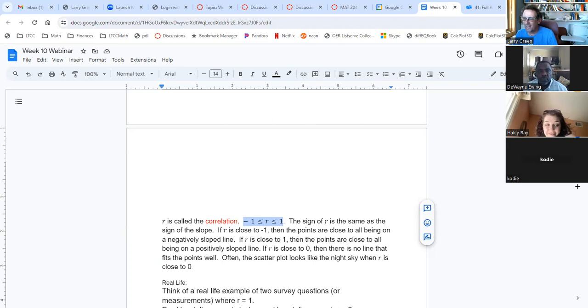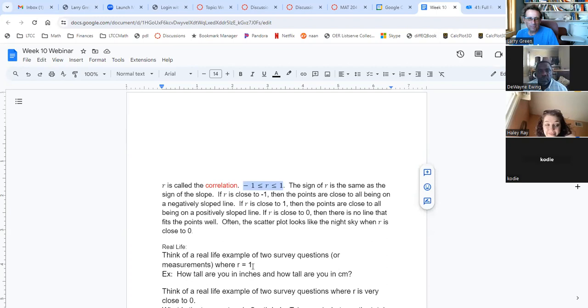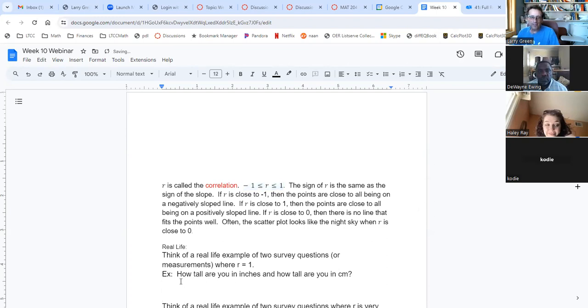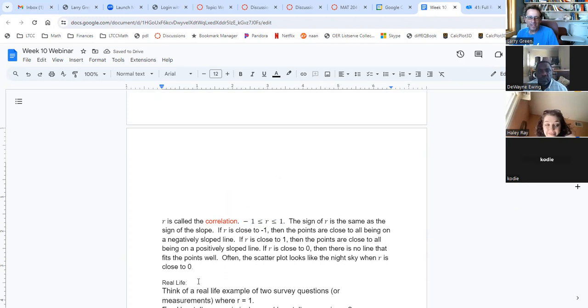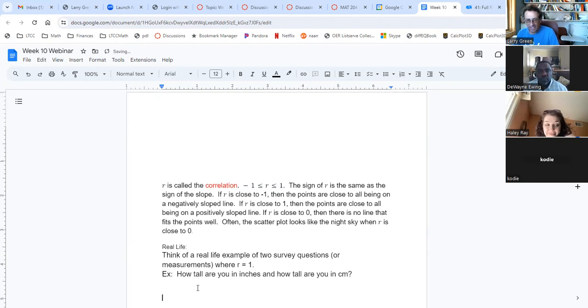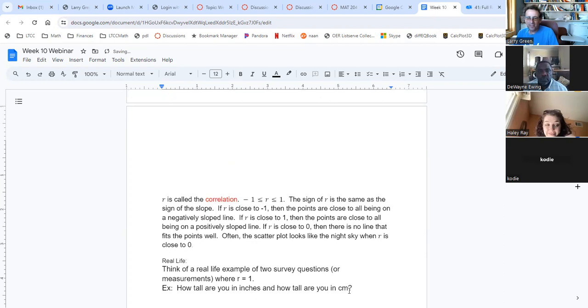Any ideas of something that has exactly 1 for the correlation? I don't see y'all jumping into the chat box. Let me give you one. Let's suppose the survey questions were how tall are you in inches and how tall are you in centimeters? Well, if somebody is a certain height in inches, you know exactly how tall they are in centimeters because there's a math equation that's linear.